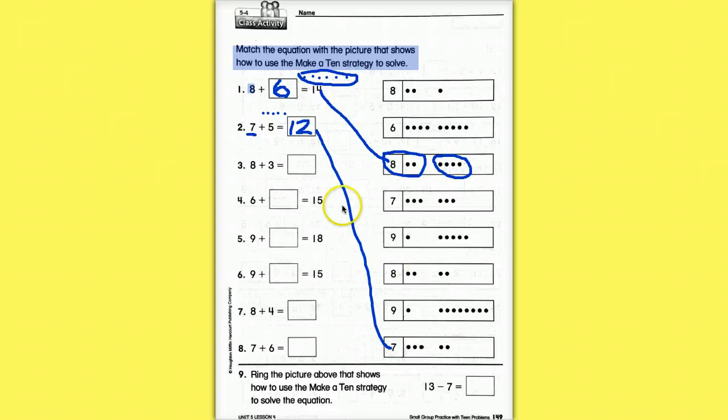Okay? So you should be able to go ahead and figure out the rest of these on your own. You're either combining to find the total, or you're putting the small number in your hand, counting up to the big number to find a missing addend. So I want you to work through the whole front side of this page.